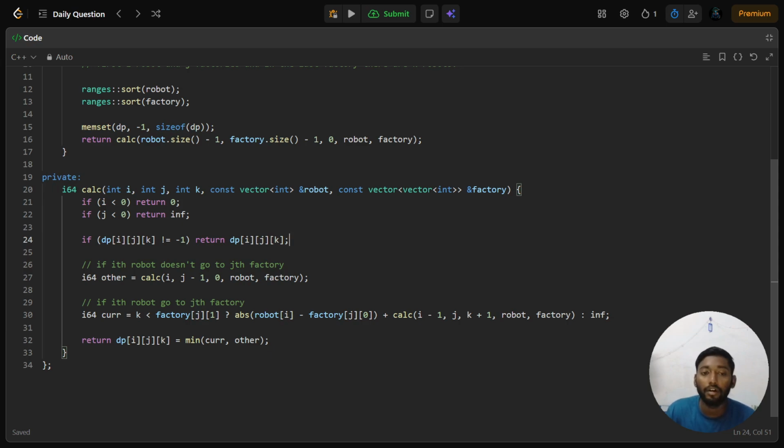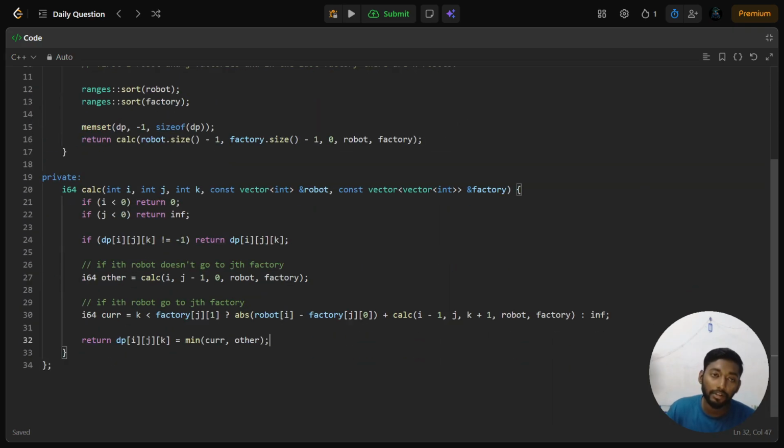The cost will be the absolute distance between the position of the robot and the position of the factory, plus we calculate for I minus 1 robots, with j factory, and the count of robots in the jth factory will be k plus 1. Otherwise we return infinity if it reaches its limit. And lastly we simply return the minimum of these two choices.